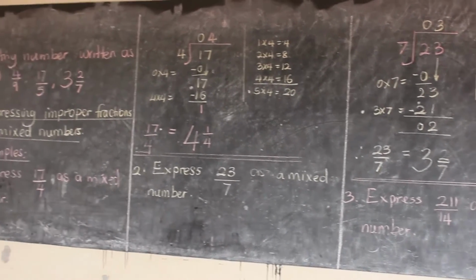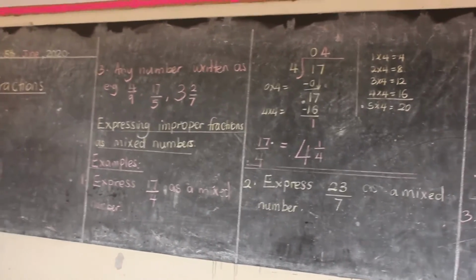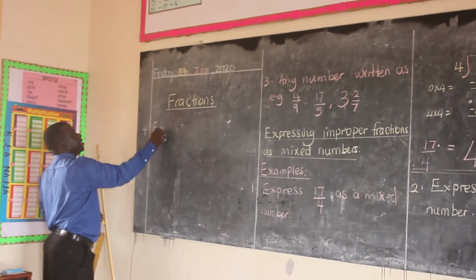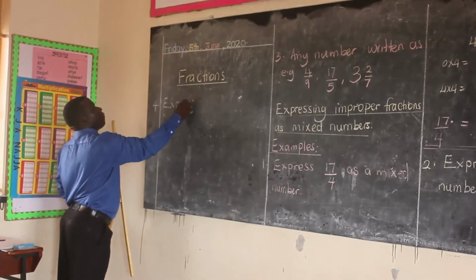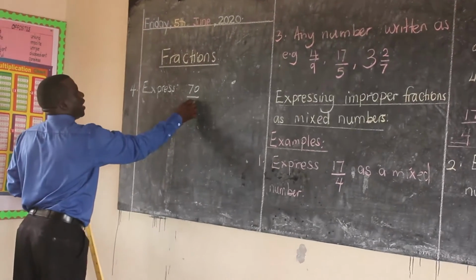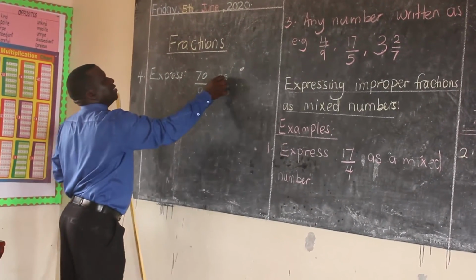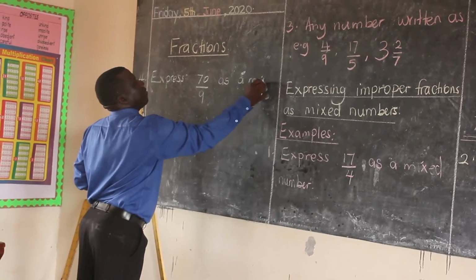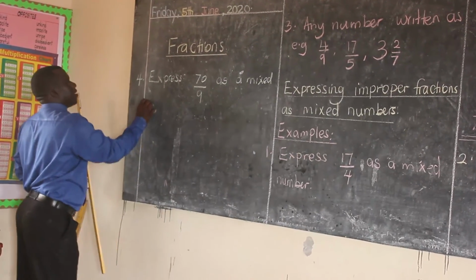Our last example is 4. Express 70 out of 9 as a mixed number.